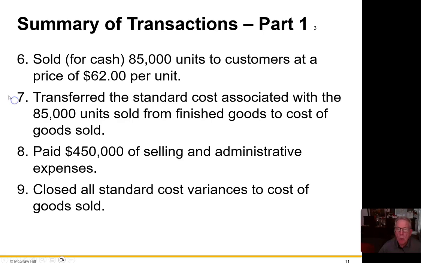And number seven, we transferred the standard cost associated with the 85,000 units sold from finished goods to the cost of goods sold. And then number eight, we paid $450,000 of selling and administrative expenses. And number nine, we closed all standard cost variances to the cost of goods sold.